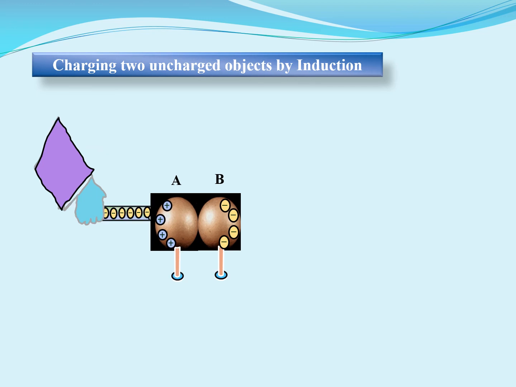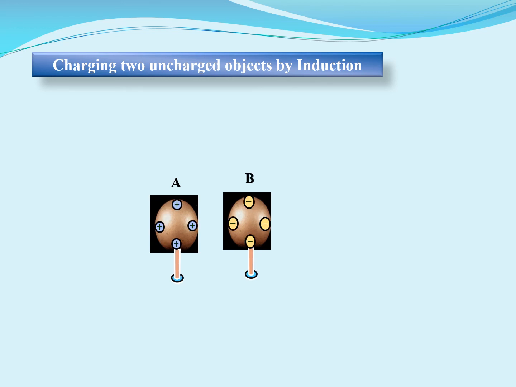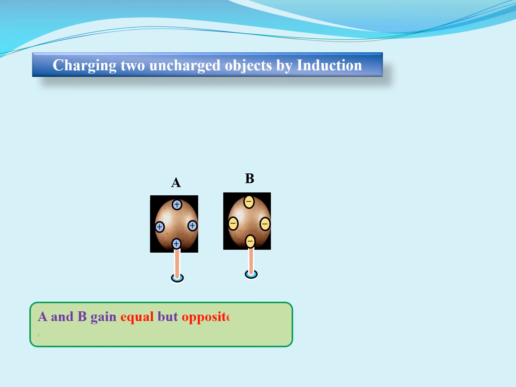And now if we separate B from A by holding the insulating stand, we see that the negative charges remain on the surface of B and the positive charges remain on the surface of A. And if the negatively charged body which was placed close to A is now removed from there, we see that we have only positive charges on the surface of A, and immediately charge distribution takes place on the surface of A as well as on the surface of B, where now A acts as a positively charged body and B acts as a negatively charged body.